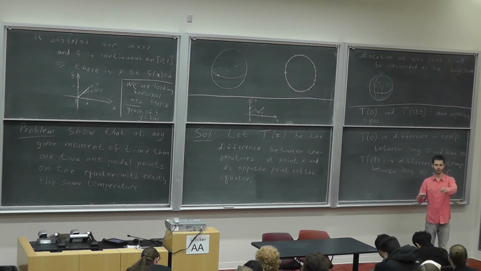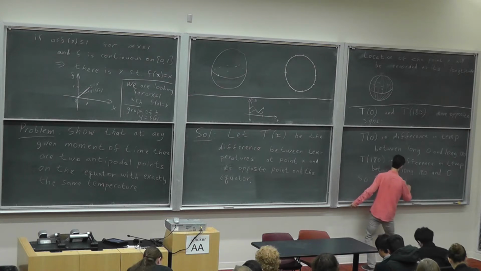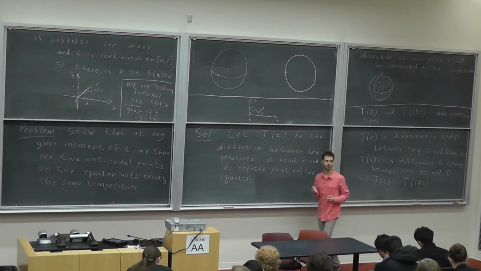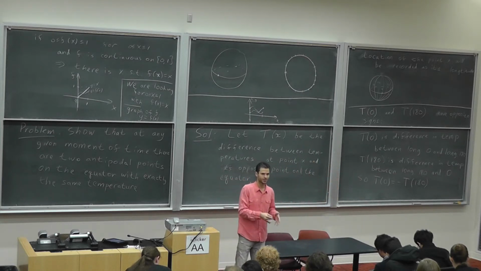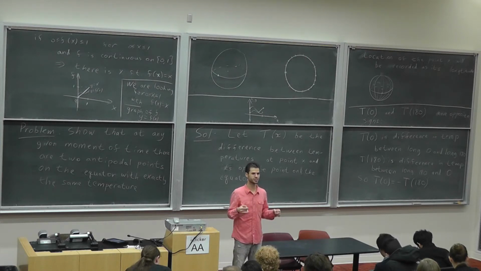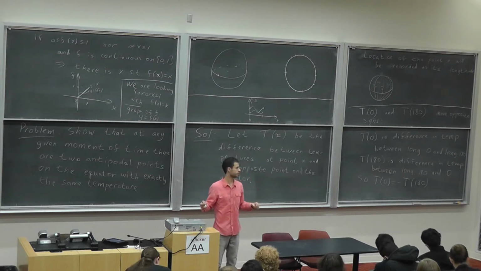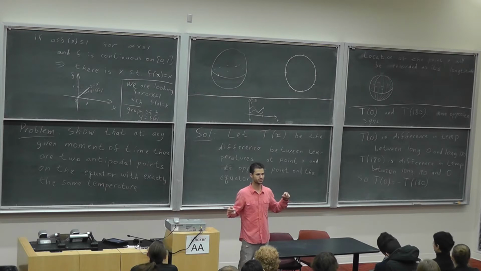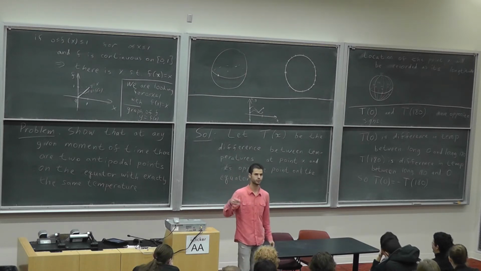So the opposite of longitude 180 is 0. So T of 0 is in fact the same as T of 180, but with opposite sign. If the temperature at longitude 0 is, say, 30 degrees and it's 15 degrees at longitude 180, then T of 0 would be plus 15, 30 minus 15, and T of 180 would be minus 15, 15 minus 30.